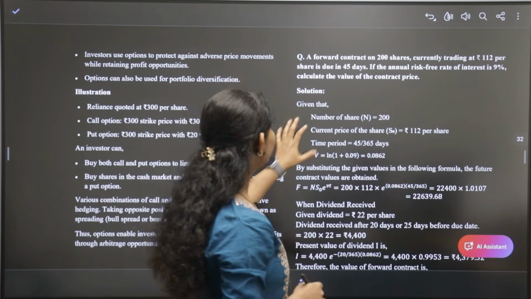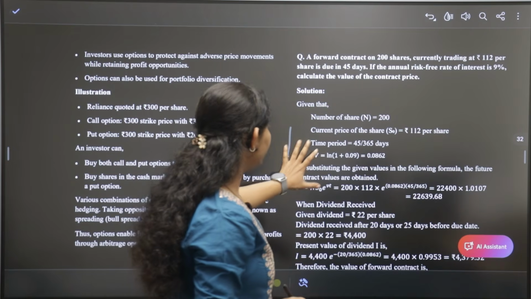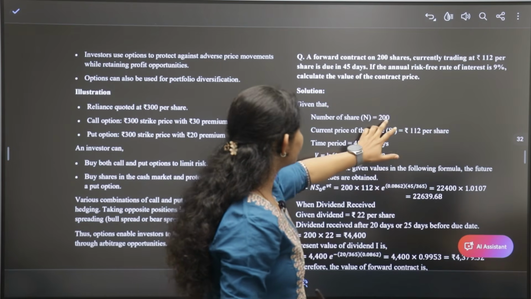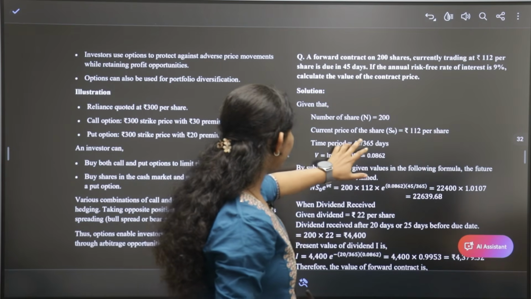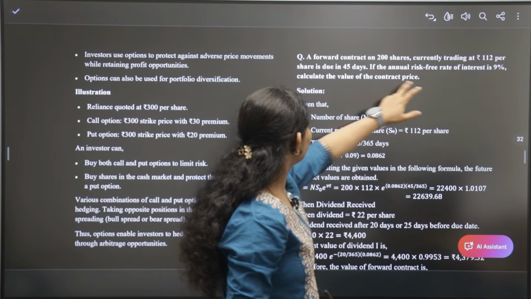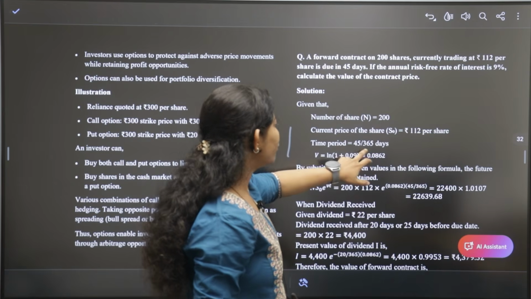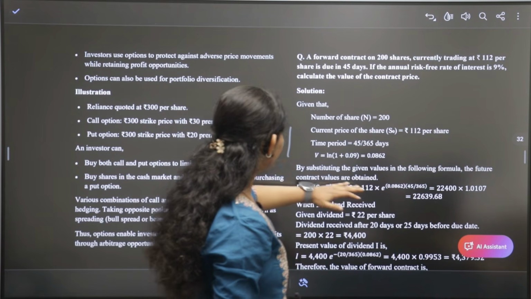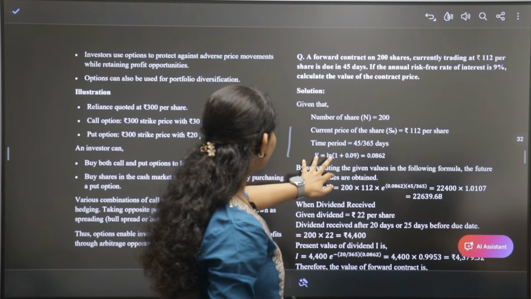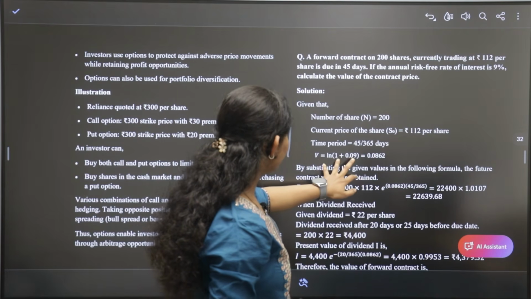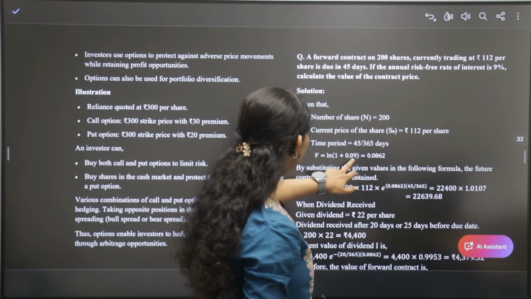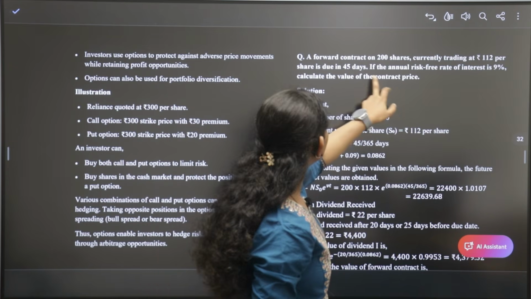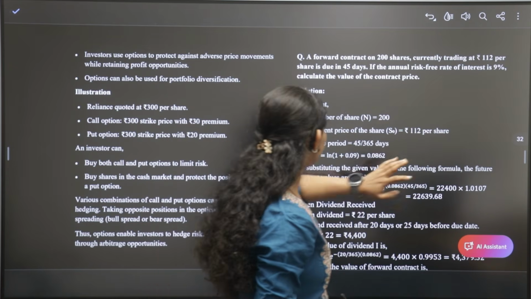Let us take the given things separately. Number of shares is 200, price of the share is 112, number of days is 45 divided by 365.